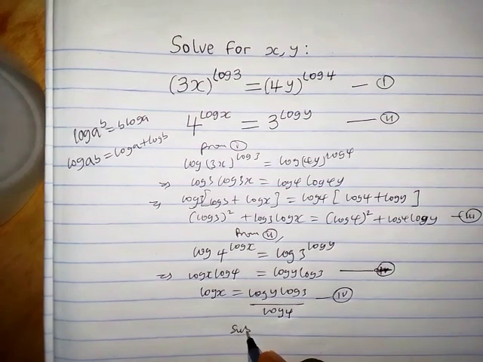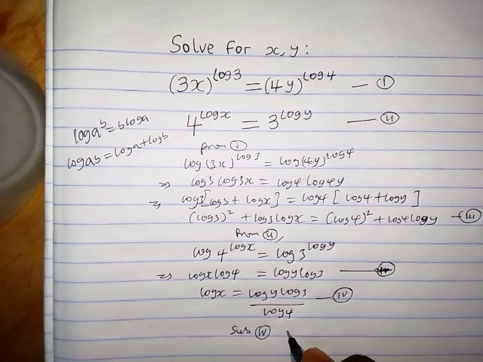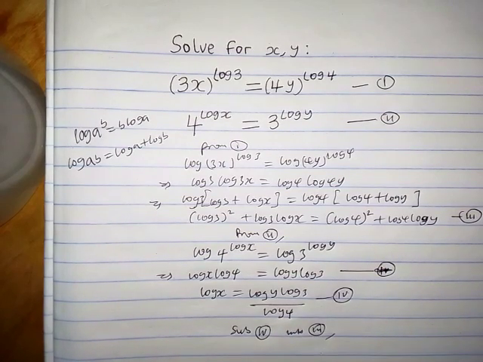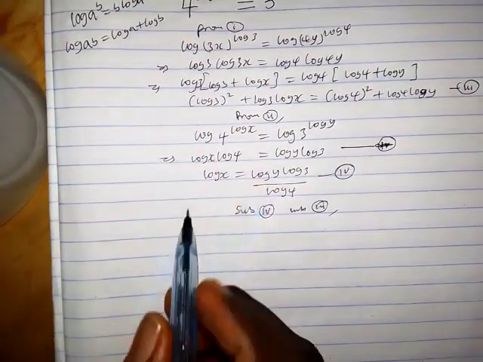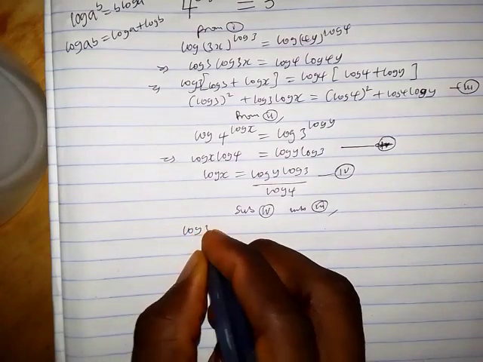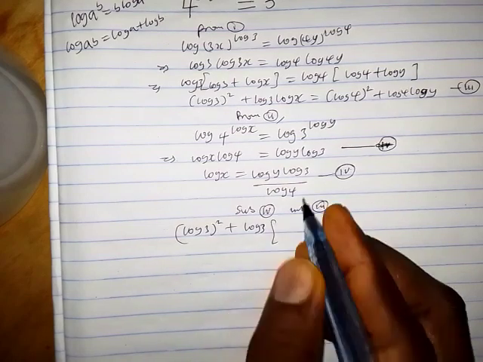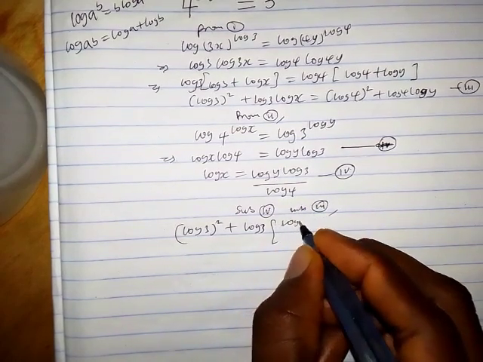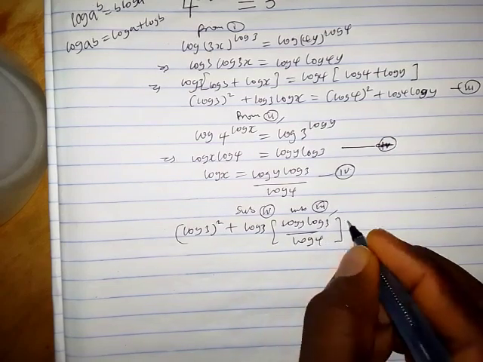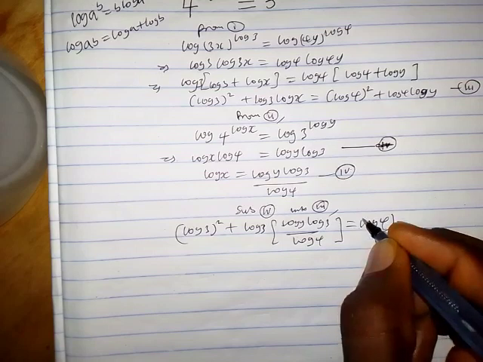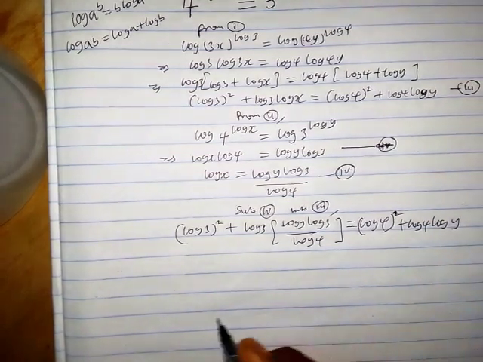Now we are going to substitute equation 4 into equation 3. Anywhere we see log x, we just replace it by this. So we have log 3 all square plus log 3 times log y log 3 over log 4, bracket close, equals log 4 all square plus log 4 times log y.